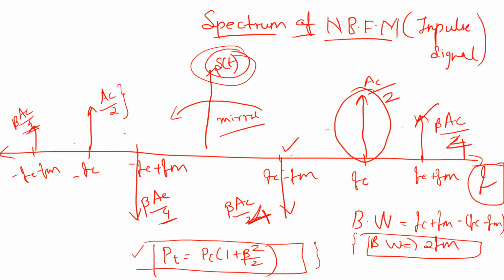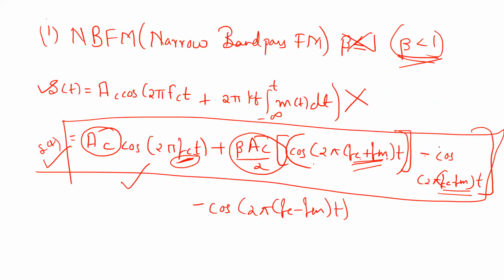So I have this spectrum diagram: fc, fc plus fm, fc minus fm. Draw this diagram properly. Always, whatever the amplitude, divide by 2. And this is plus, this is minus, because we have minus over here.